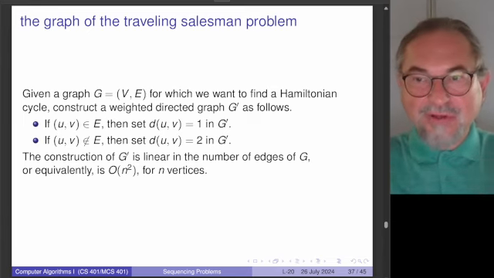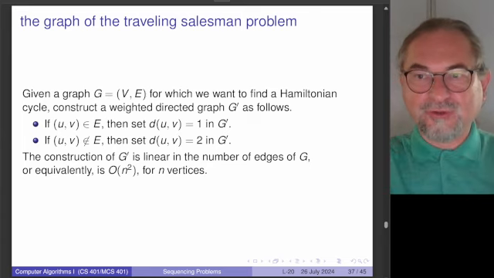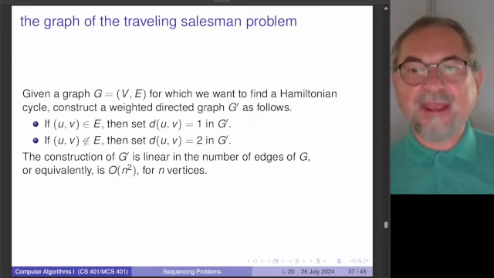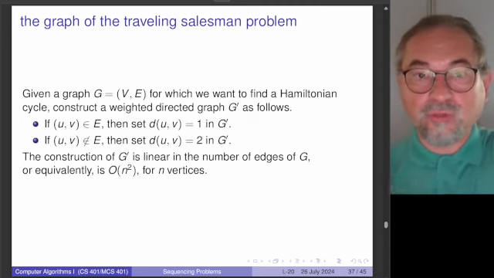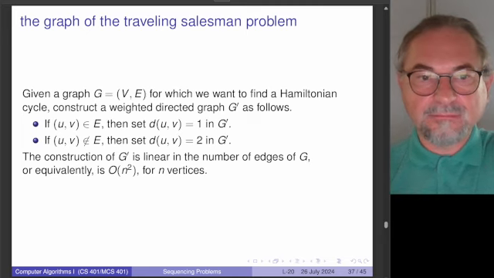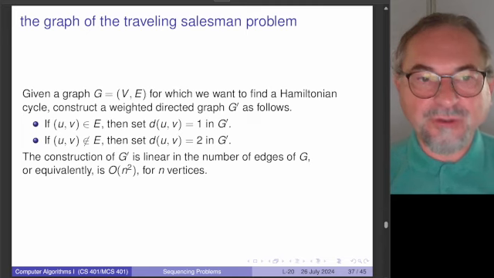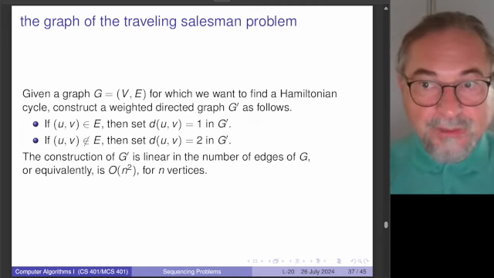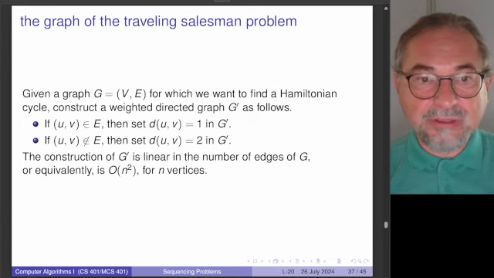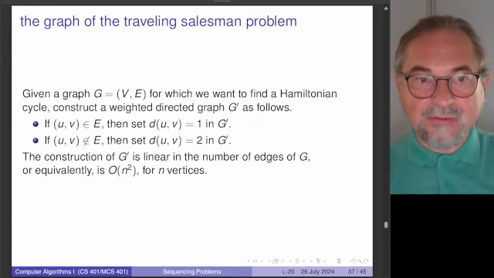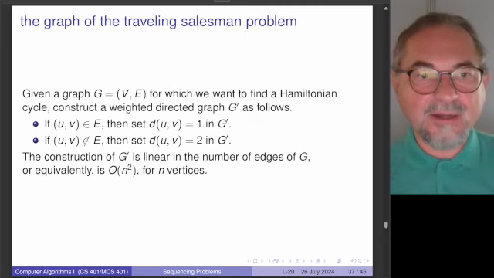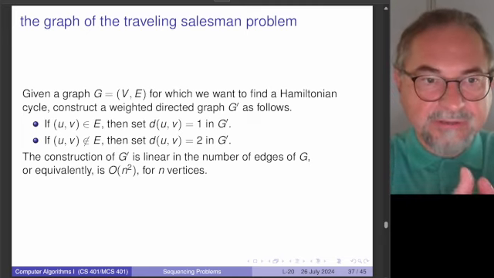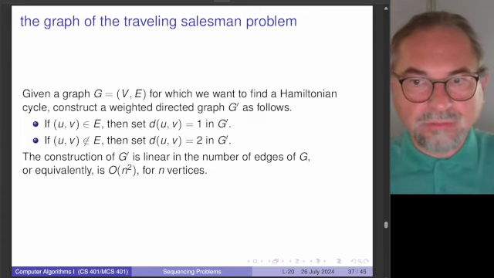We have the n minus 1 edges in the path from the first to the last, and then we come back, so we have n. You can already see that the solution of the Hamiltonian cycle will lead to a tour of length n. That should be obvious from this construction. Polynomial time reducibility is important, so we are adding O(n squared) edges, but it suffices that we only have the reduction in one direction.